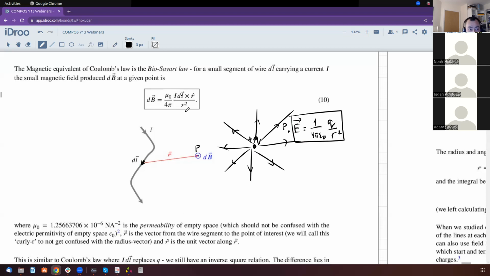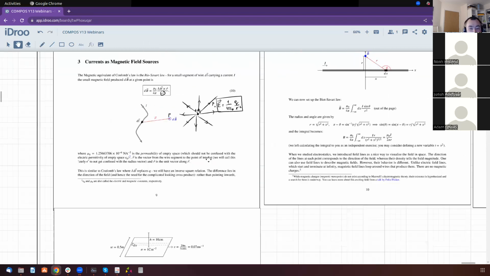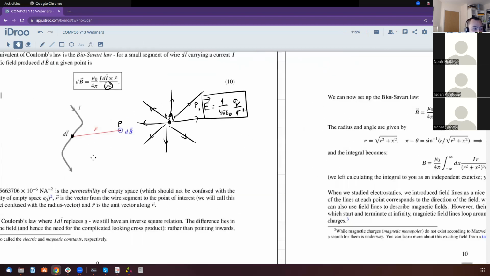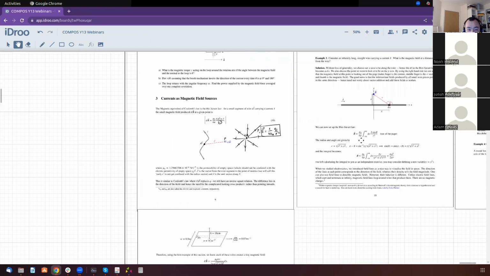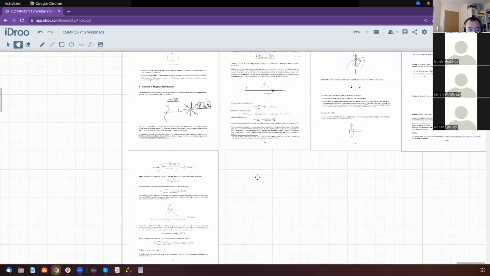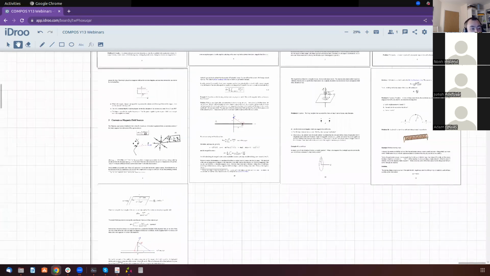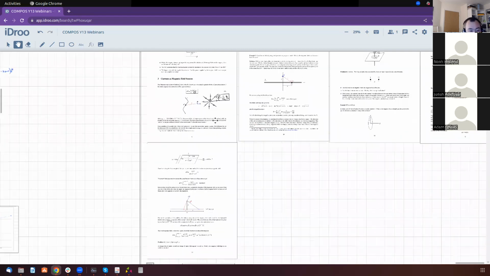You multiply the current by the length of the wire, then you divide by R squared, which is the same thing that you do here. This is the magnetic field created by a very small section of wire. Then we go into some integrations and more examples of the Biot-Savart law.